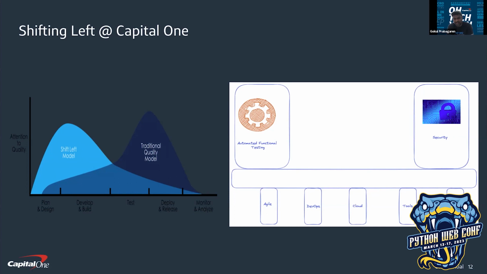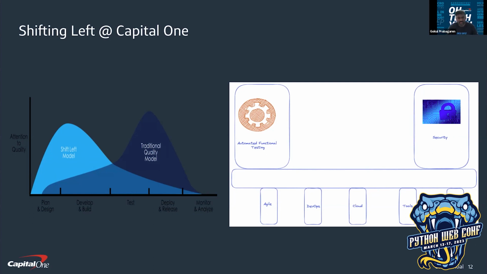With the shifting left, we are pushing that more closer to the development phase. You try to identify as many issues and vulnerabilities as possible closer to the development phase, which is what shifting left in general means.